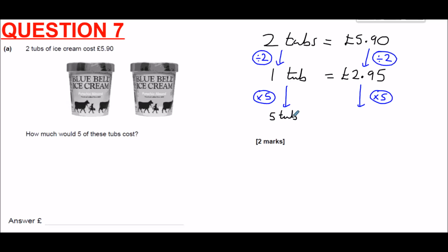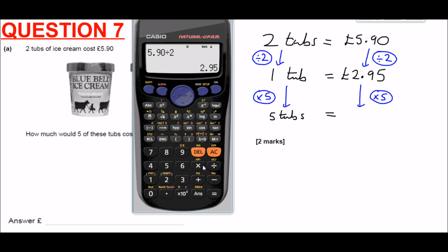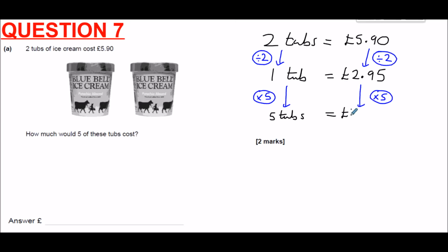So 5 tubs will be 5 multiplied by £2.95, which should give us a total price of £14.75. So that'd be £14.75 worth of ice cream.